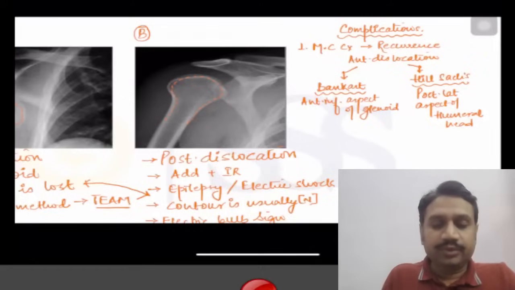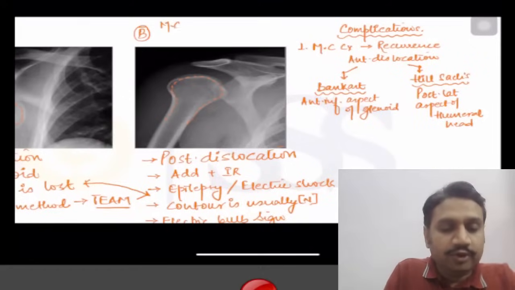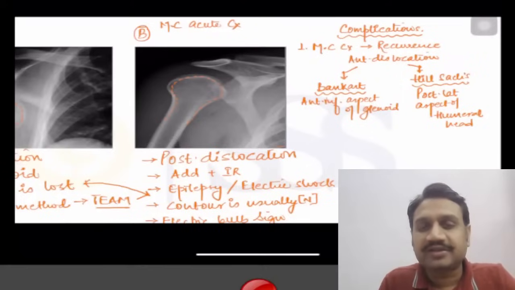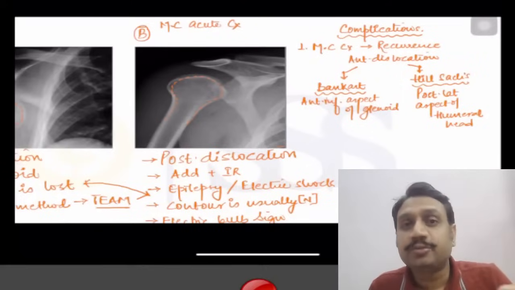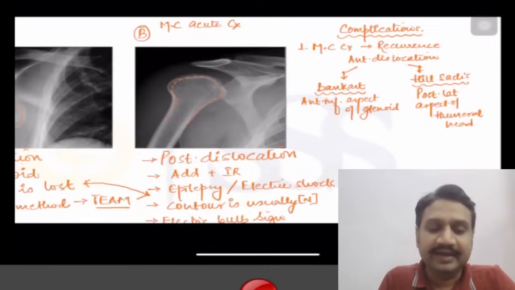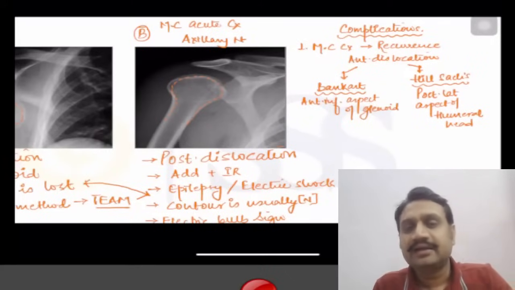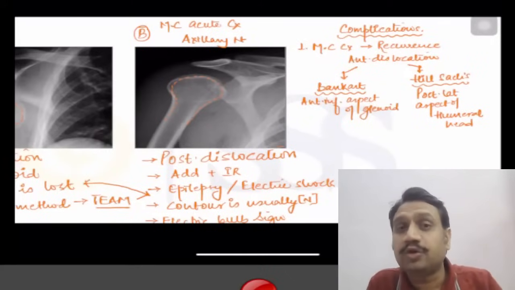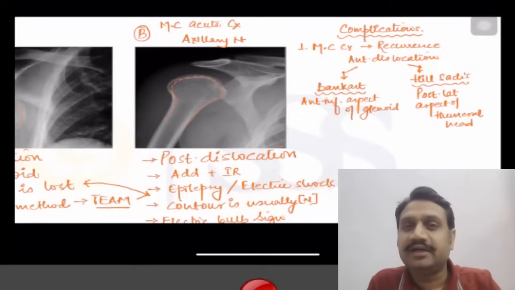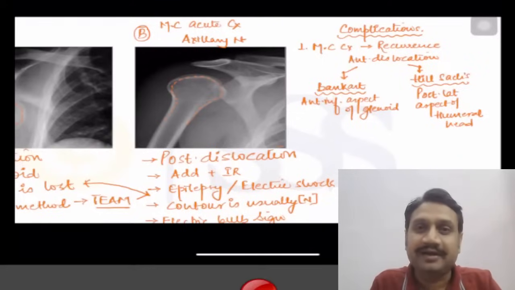Now, if they ask you, what is the most commonest acute complication? So please remember, the most commonest acute complication for any injury has to be neurovascular compromise, right? So the most commonest acute complication is axillary nerve injury. And you know very well that if the axillary nerve is damaged, the muscles that will not work properly are the deltoid and teres minor, right?